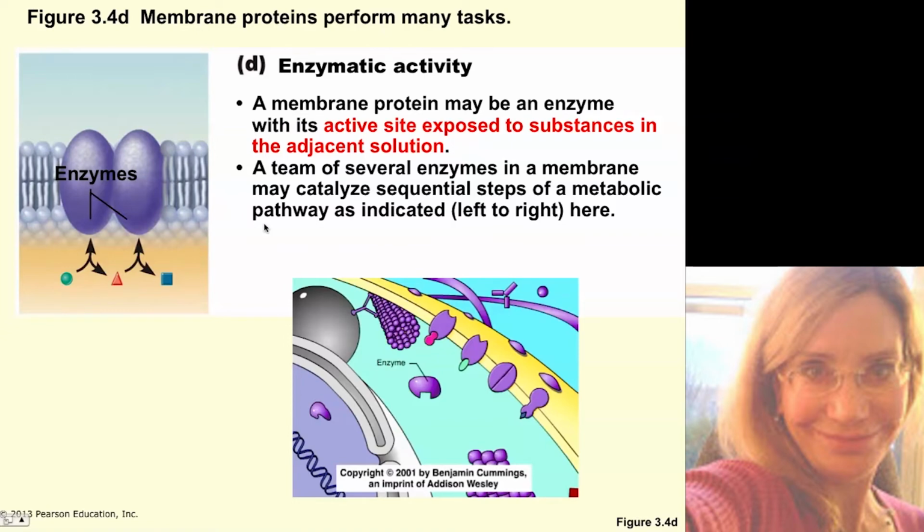Enzymatic activity is often done in what we call a metabolic pathway, where one enzyme will take a substrate and change it into a product, and then that will be passed along to the next enzyme, and it will take the first enzyme's product, change it, and come up with another product. So this will happen along the cell membrane.